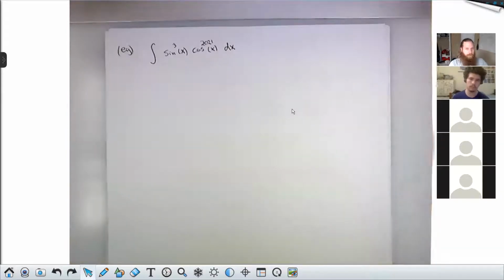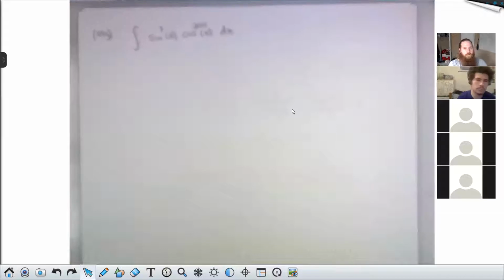Okay. So how about sine cubed times cos to the 2021? Here both powers are odd, but one power is much larger than the other. This could be attacked two different ways.